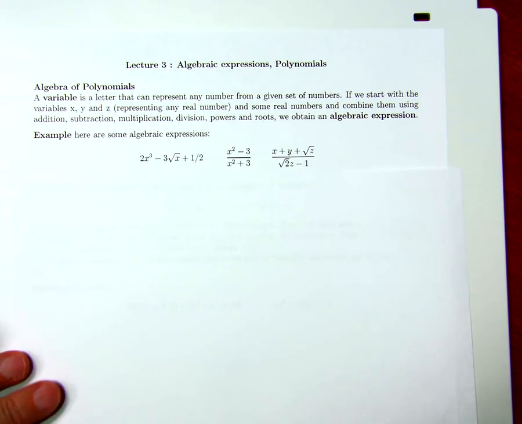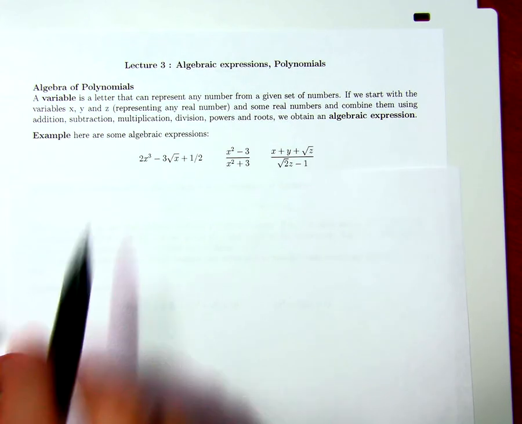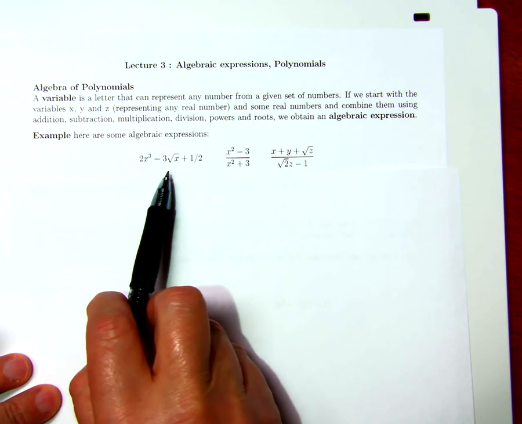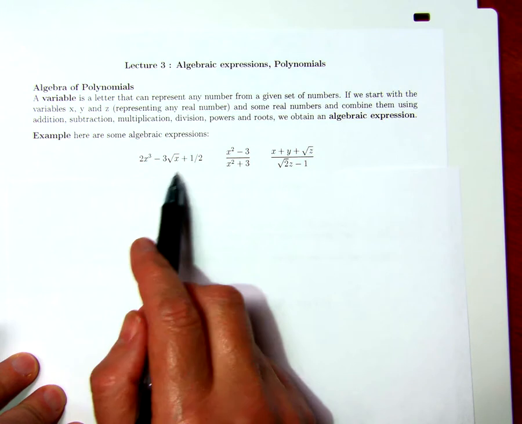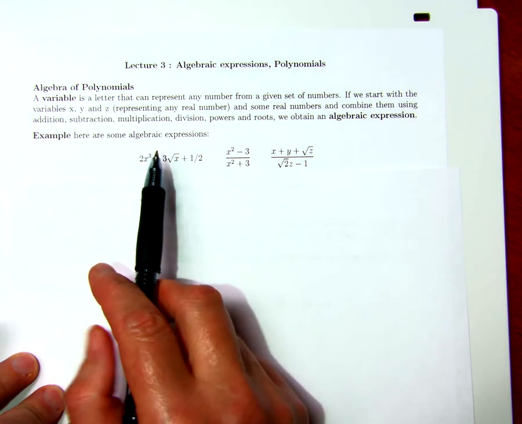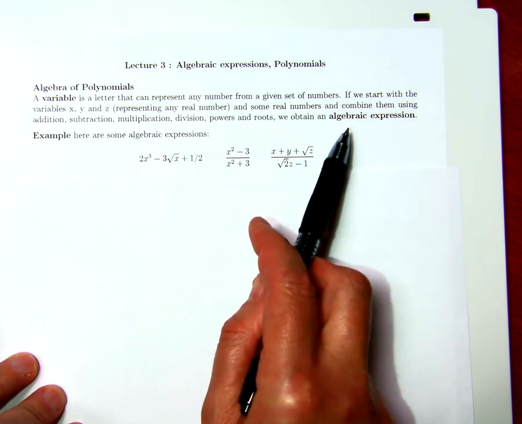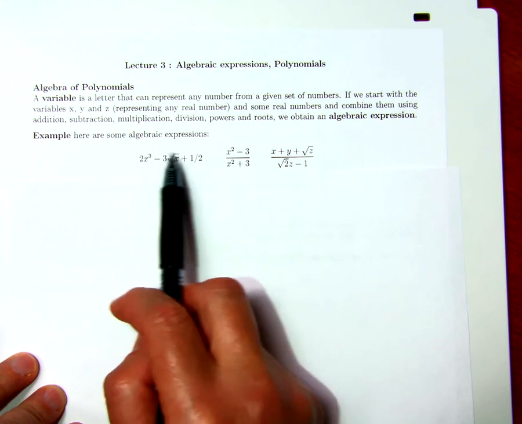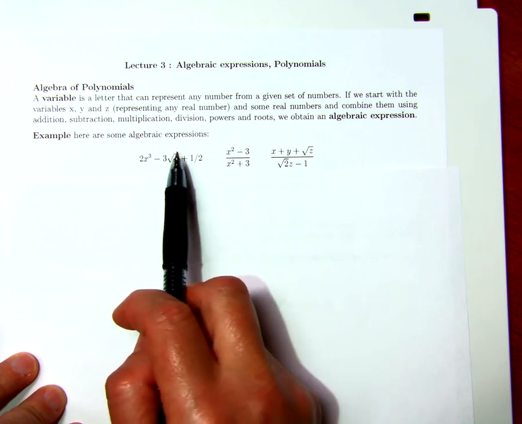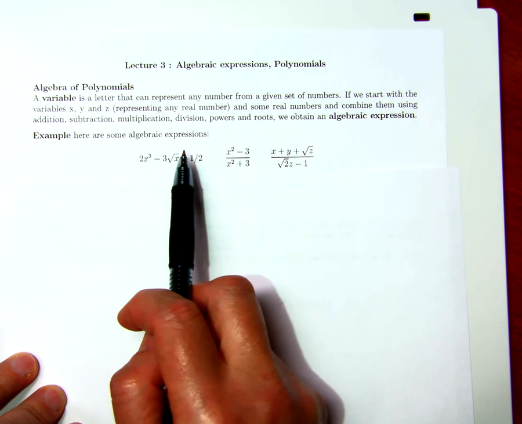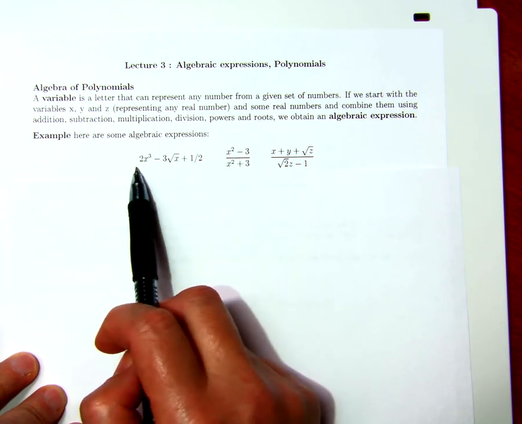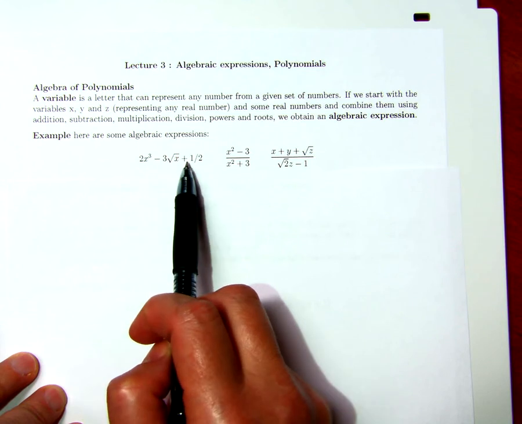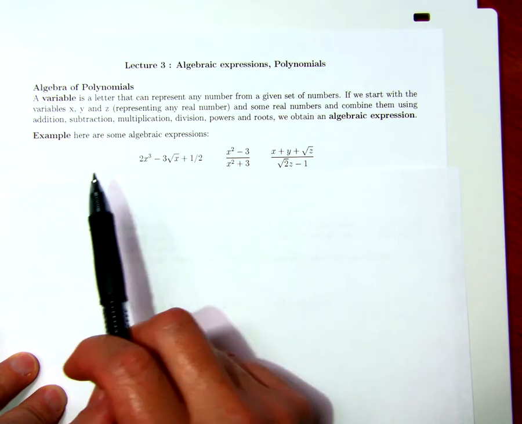And here are some examples. Say 2x cubed minus 3 times the square root of x plus 1/2, where x is a real number. This is an algebraic expression because it's combining this variable using powers and roots, addition, and subtraction here.